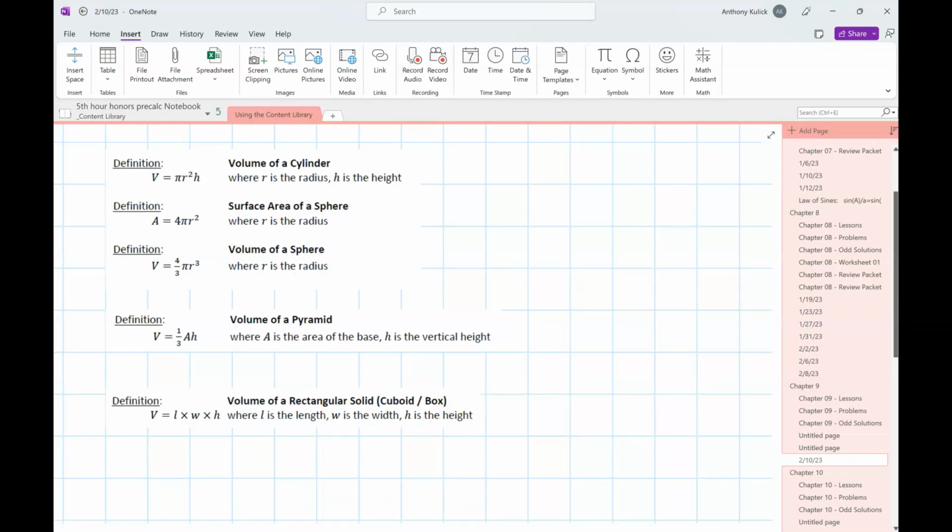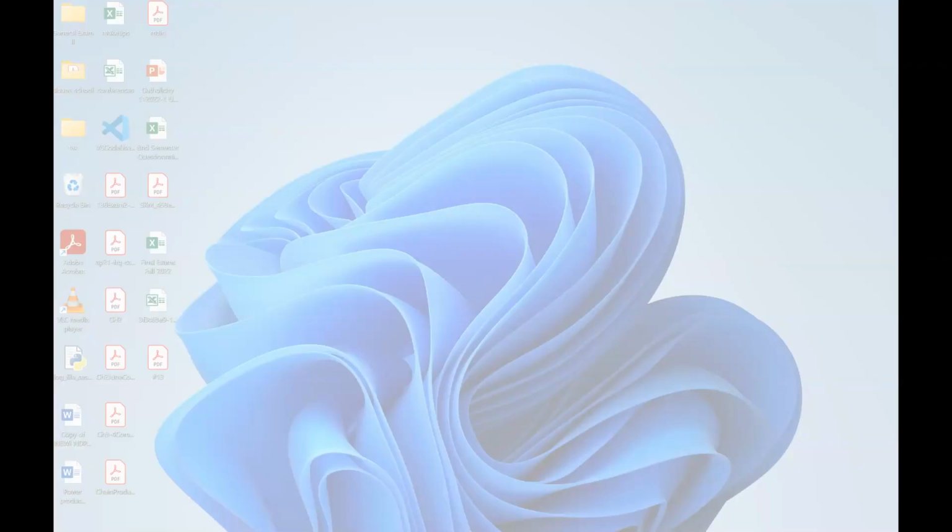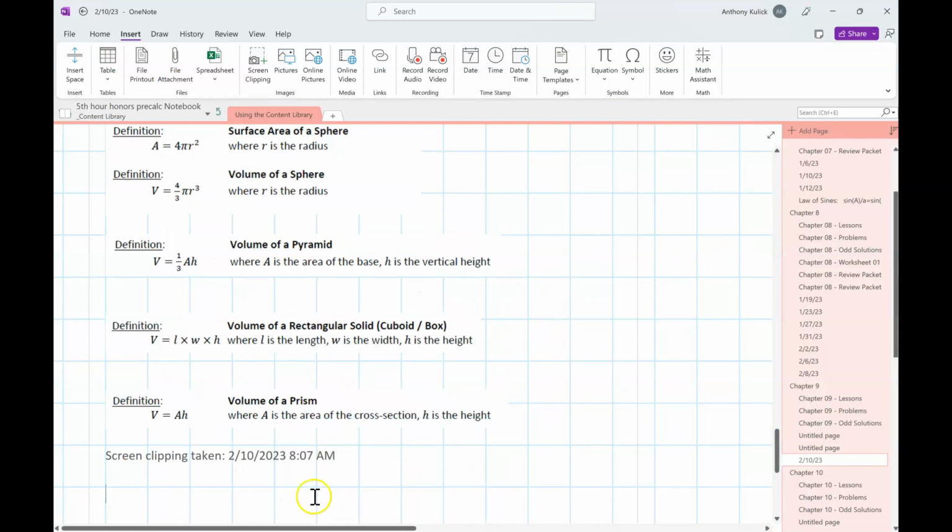The volume for a rectangular solid, like a box, we all know is length times width times height. And in general, for any prism, the volume is area of the base times the height, whether that prism is rectangular or triangular or pentagonal or whatever.